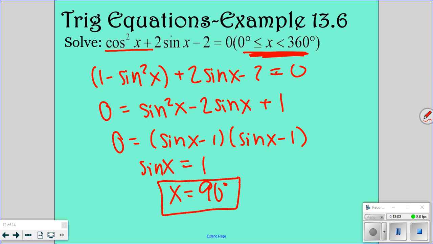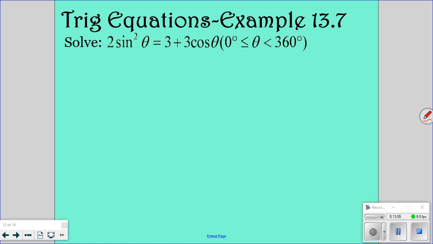Okay, we're going to look at one more example. 2 sine squared of theta equals 3 plus 3 cosine of theta. We again need to get them all in terms of the same one, so we have to replace this sine squared with something. So sine squared is the same thing as 1 minus cosine squared of theta.